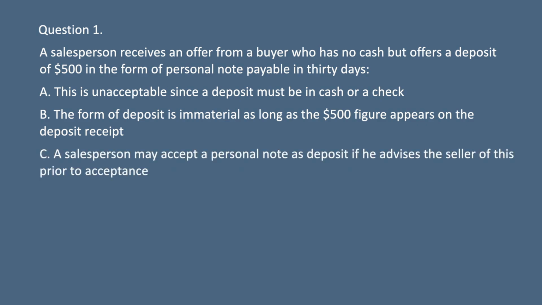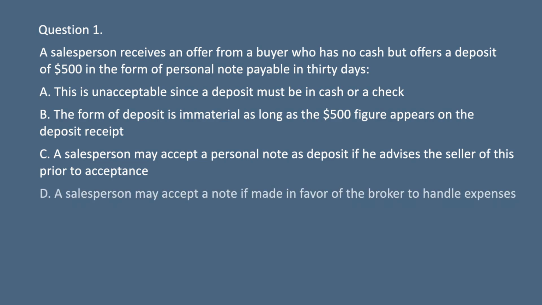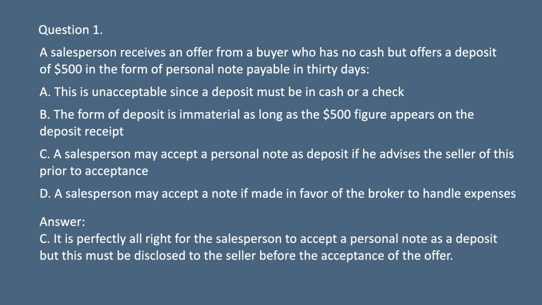C. A salesperson may accept a personal note as deposit if he advises the seller of this prior to acceptance. D. A salesperson may accept a note if made in favor of the broker to handle expenses. Answer: C. It is perfectly all right for the salesperson to accept a personal note as a deposit, but this must be disclosed to the seller before the acceptance of the offer.